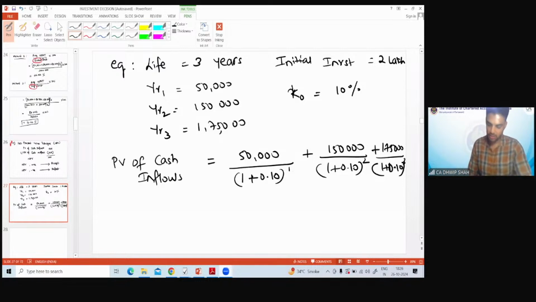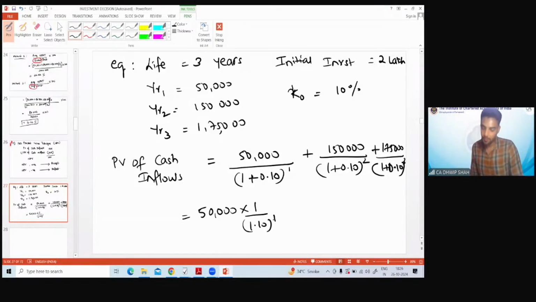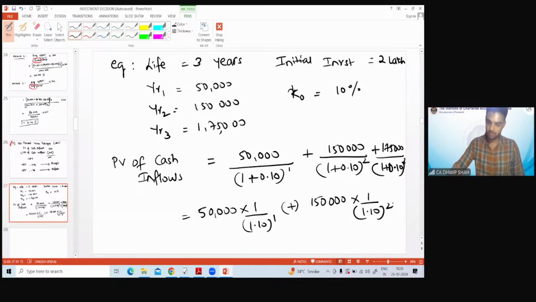Correct? This is how we used to solve. Now pay attention, again maths. I can also write this way: 50,000 into 1 divided by 1.1 raised to 1. Yes or no? Similarly, I can write this way: 150 into 1 divided by 1.1 raised to 2. Yes or no?